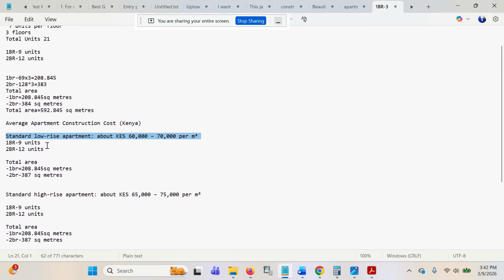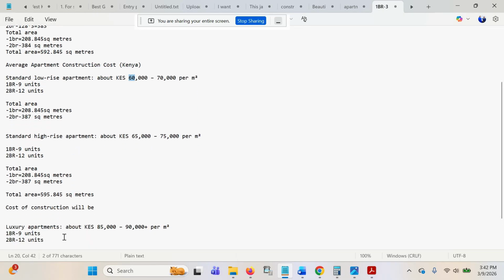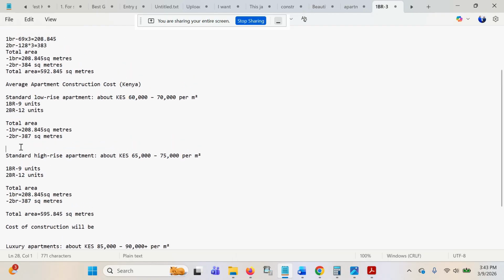The rate per square meter for standard low rise apartment is 60,000 to 70,000, depending on the area. Standard high rise apartment is 65,000 to 75,000. Luxury apartment would cost 85,000 to 90,000.